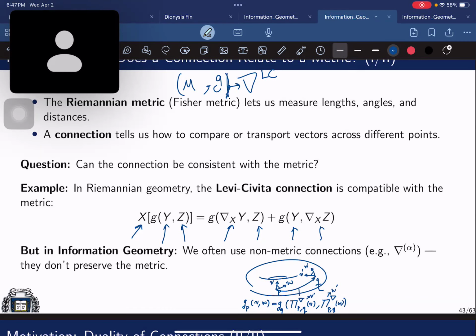Because of this constraint, one can see that the straight geodesics with respect to Levi-Civita would coincide with the shortest paths. The curvature would be the same, everything would be the same.